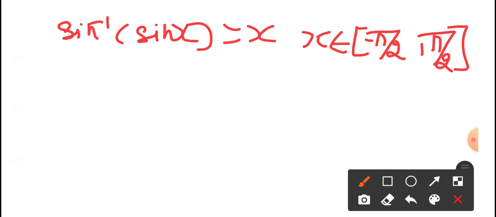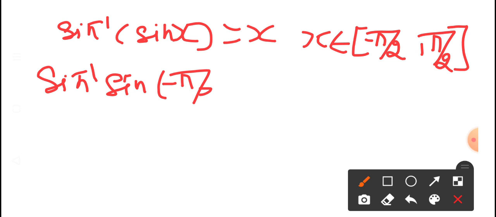Okay. Now our second sum is sin inverse of sin minus pi by 3. Here you compare this formula. Both are the same, sin inverse of sin. Now x is equal to what?